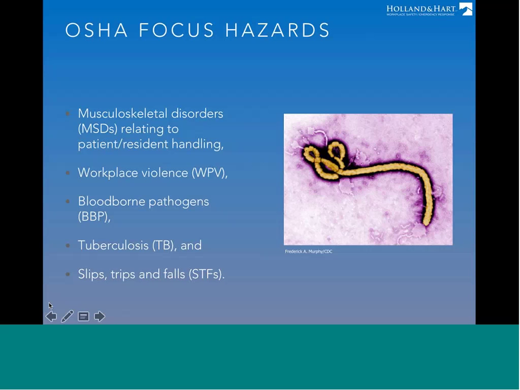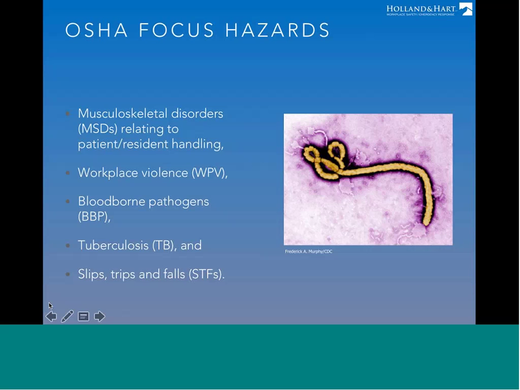Indeed, there was a proposed rule that languished for some time in the 90s and into the early 2000s to deal specifically with tuberculosis. That rule never made it and died in the George W. Bush administration. However, tuberculosis continues to be a hazard, and OSHA has it on its list of areas where it will emphasize inspections.